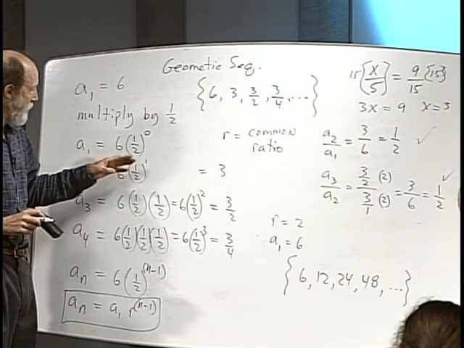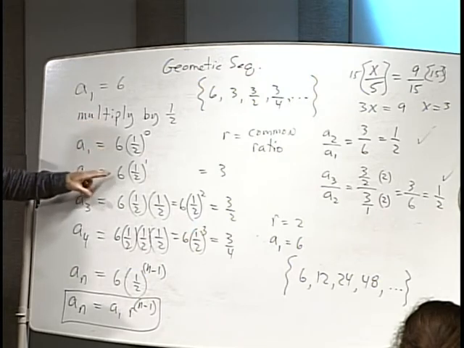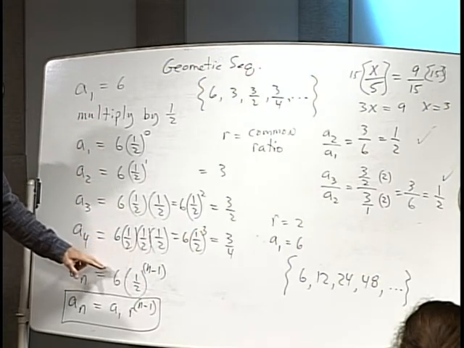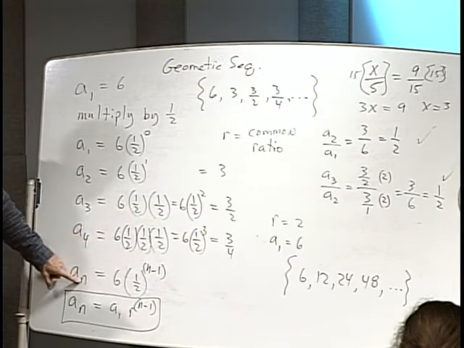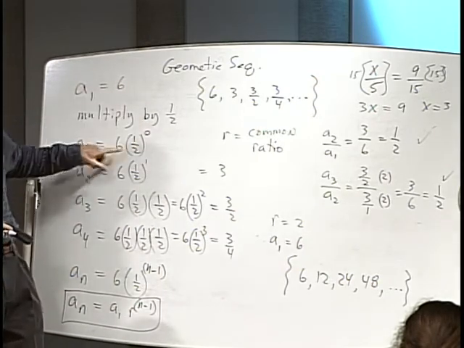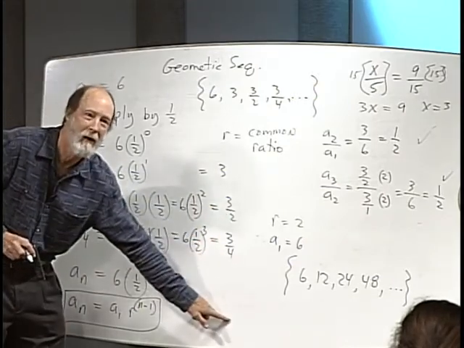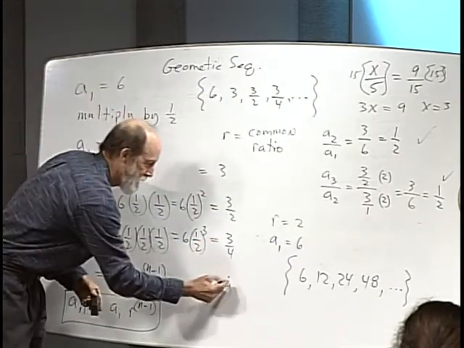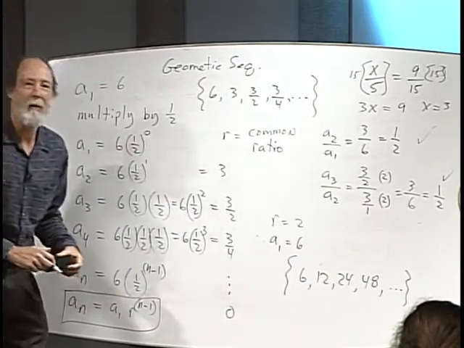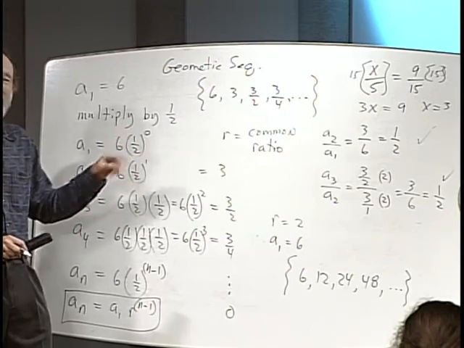What's happening to the nth term in this original one? What's happening to the nth term as n gets larger and larger and larger? We started at 6. We went to 3, to 3/2, to 3/4. Where's that heading? It's heading towards 0, isn't it? Very good.